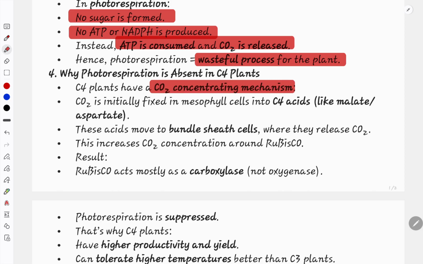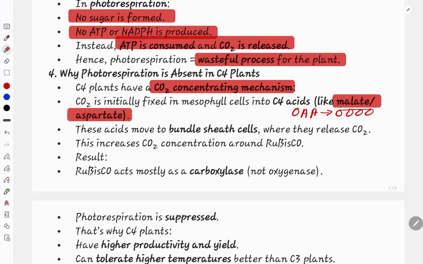Remember, we have learnt about OAA, oxaloacetic acid, right? It is a 4-carbon molecule which later converts into malate or aspartate.